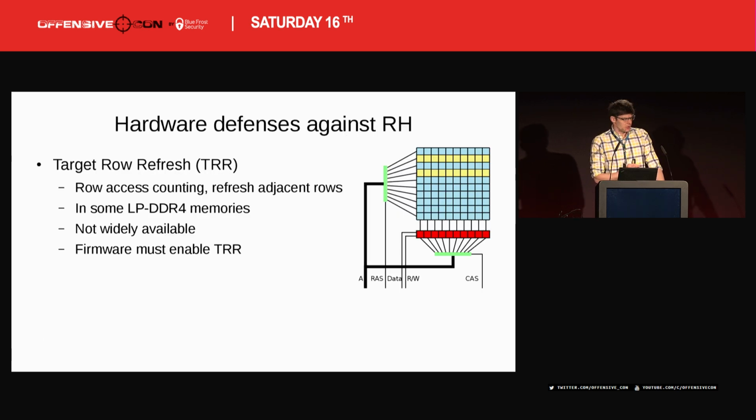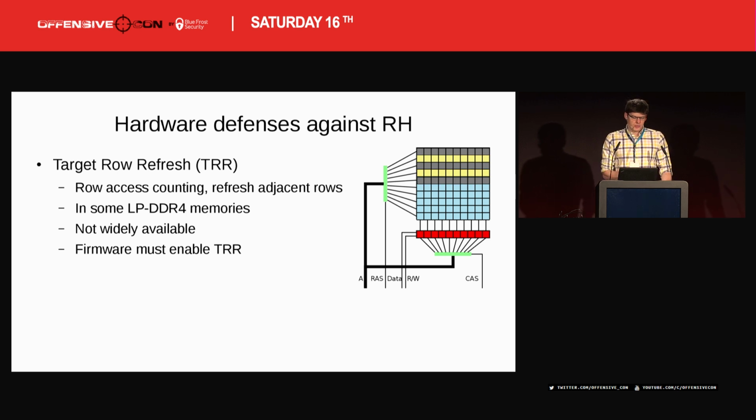In terms of defenses, I skipped the software defenses for Rowhammer. Maybe we can talk afterwards. But let's look at the hardware defenses. We have target row refresh, which is a hardware mechanism that tracks the amount of accesses to these rows. If you access these rows many times in a short period of time and you are above a certain threshold, this mechanism will refresh the adjacent rows, the rows that I just showed.